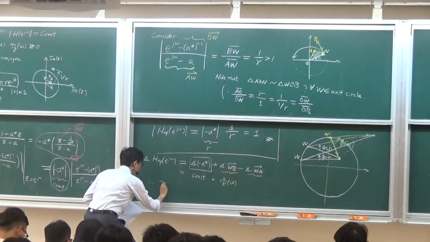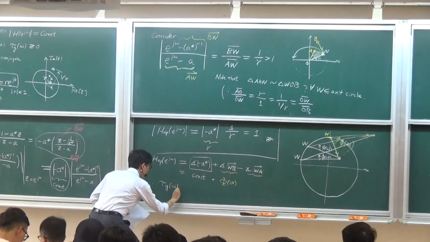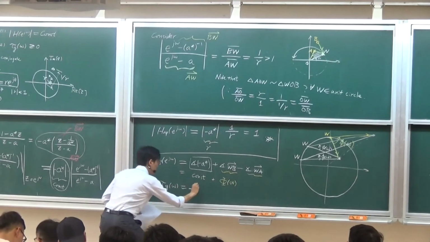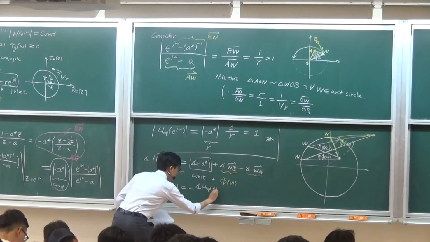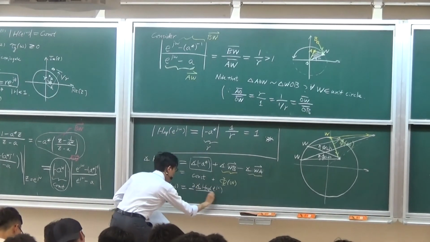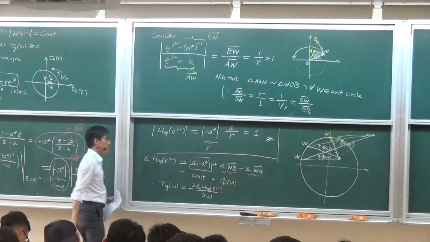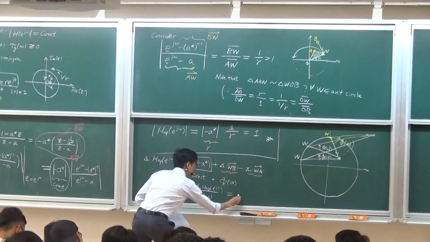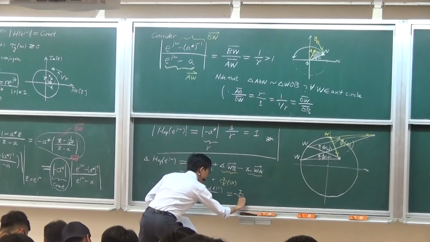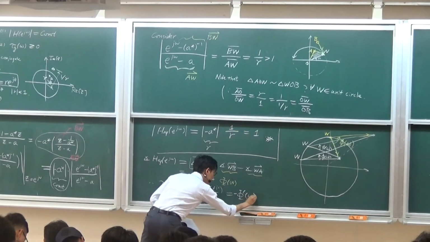Therefore, the group delay is minus the derivative of the phase spectrum. Take the first derivative with respect to frequency. That's the group delay, right? So that is exactly minus phi prime of omega.